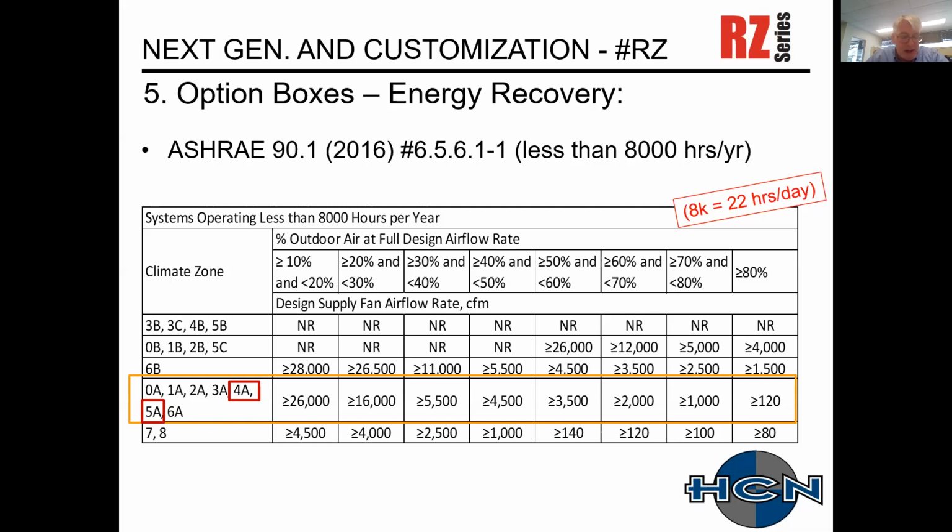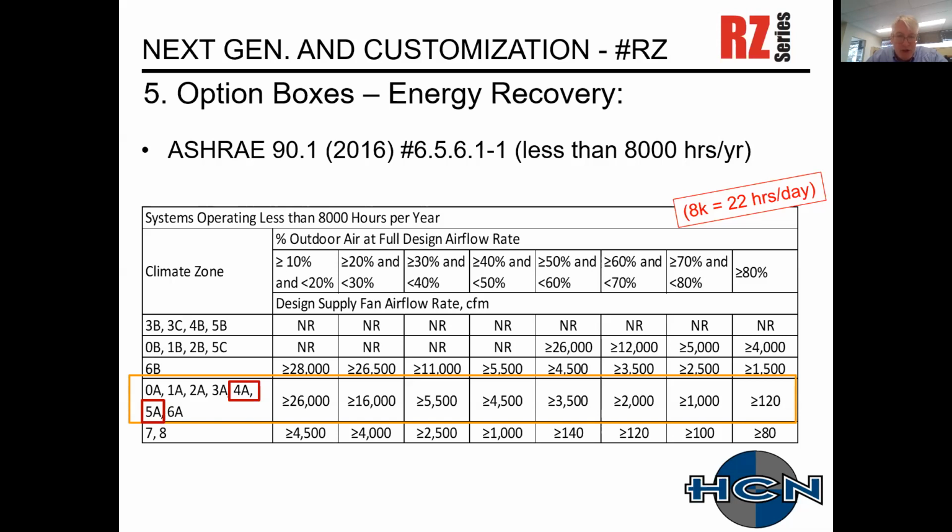The area or territory that HC9 serves is typically 4A and 5A. And then in the center and on the right, they have charts that depict the amount of supply air CFM versus the percentage of outside air.